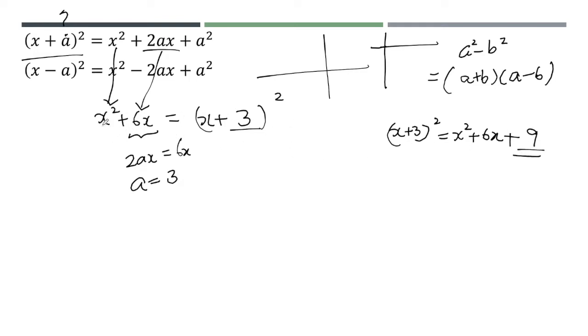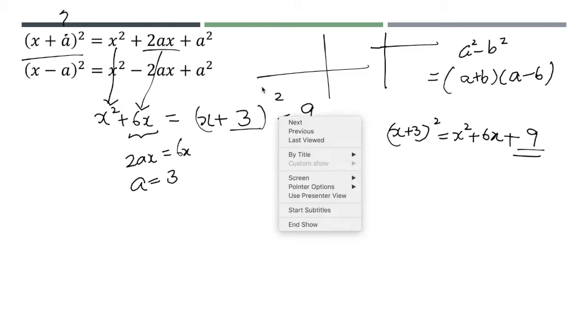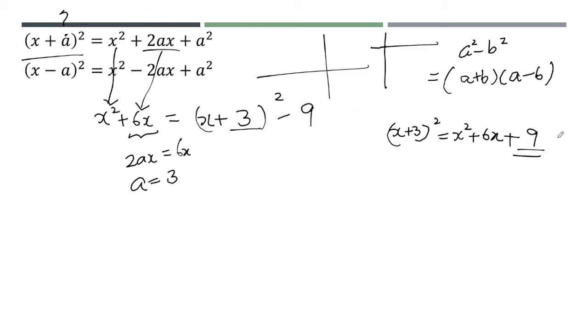But the original expression that I asked you to factorize didn't have the 9. So technically, these two are not equal at this moment. So what should I do? If I expand this thing, I have this extra 9. I don't want this 9. Very simply, you just have to minus 9 at the back. Because once I expand, this is what I get. But with this minus 9 behind, I introduce this minus 9, I do not have any more extra 9.